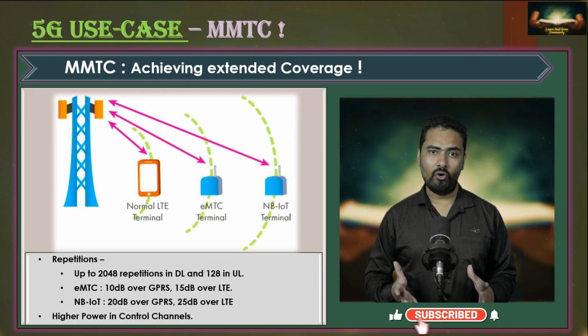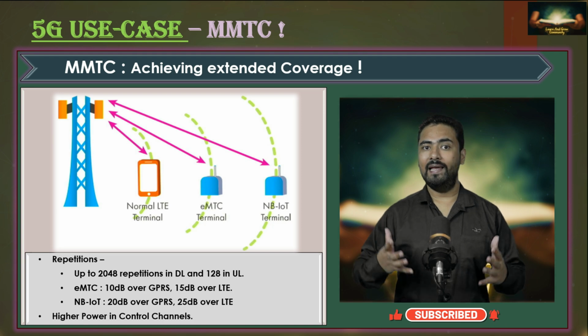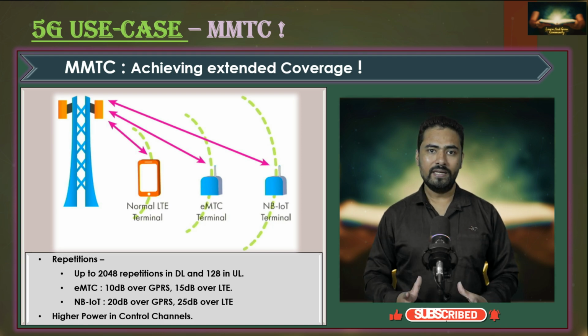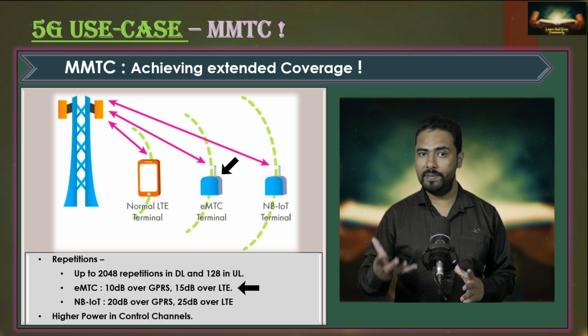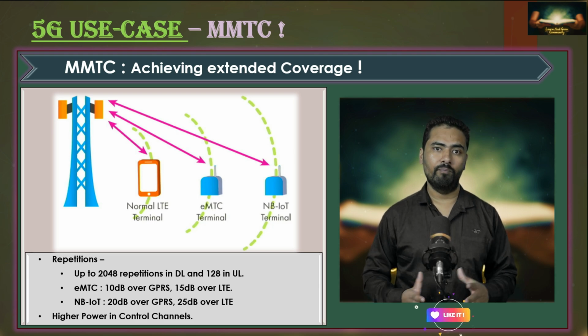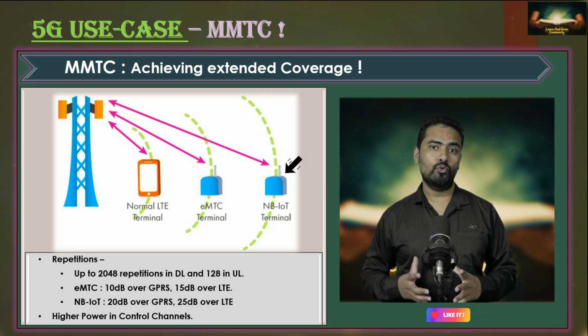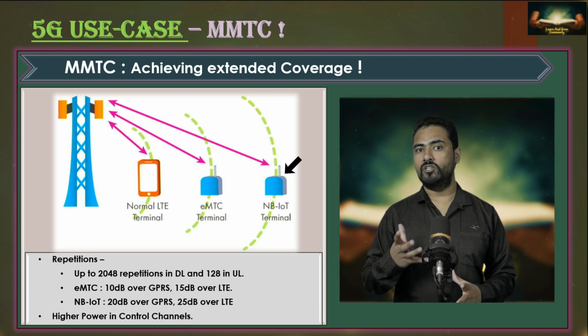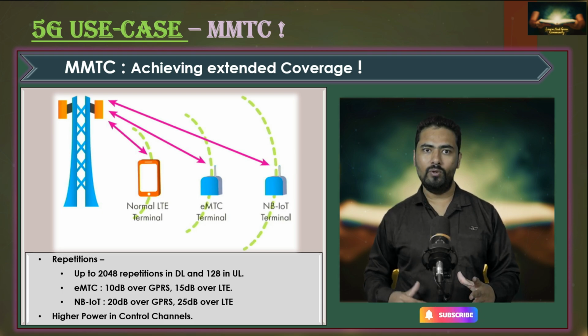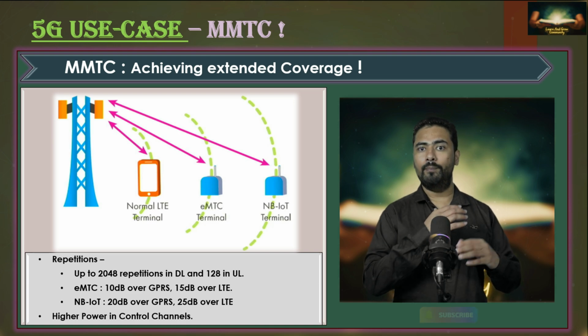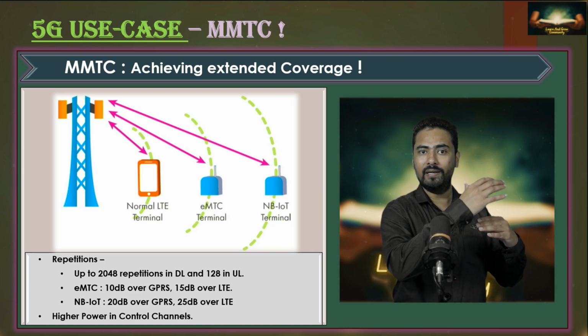Okay, now let's talk about how we can achieve extended coverage. eMTC offers up to 10 dB more coverage compared to GPRS, and narrowband IoT offers up to 20 dB more coverage than GPRS. In both technologies, the key principle is to extend the transmission time by repeating the same packet multiple times.